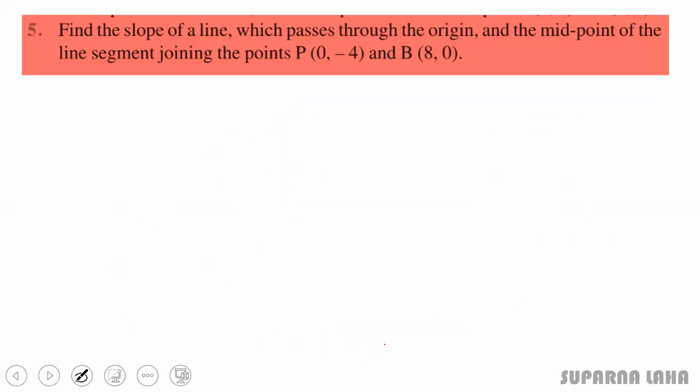Find the slope of a line which passes through the origin and the midpoint of the line segment joining the points P and B. So the line passes through the origin, this is the first point, and the second point is the midpoint of the line segment joining these two points.